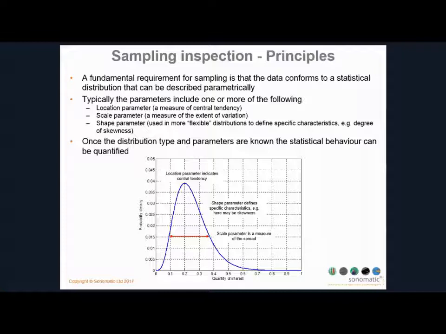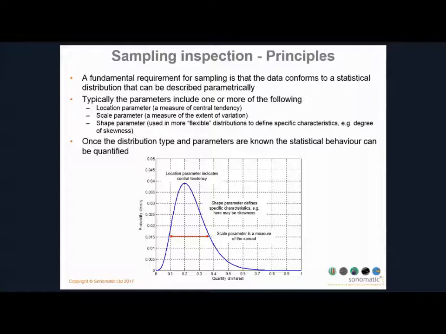So if we look at this distribution here, the width of the distribution basically is defined by the scale parameter. So a small scale parameter would indicate a tight distribution, so most of your data falls around a very narrow range, whereas a larger scale parameter would define a wider range over which you've got a lot of data.